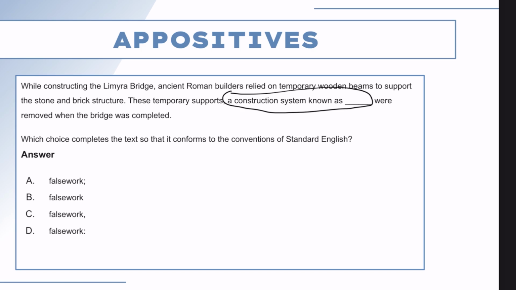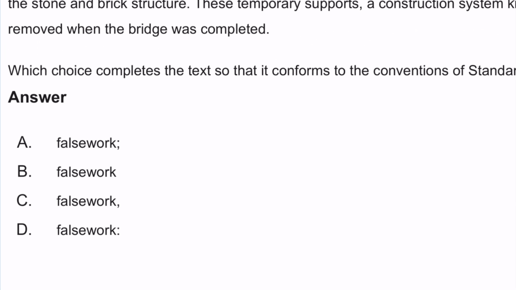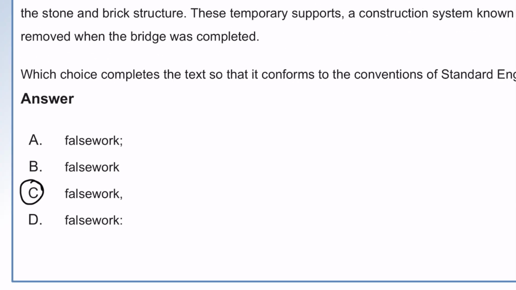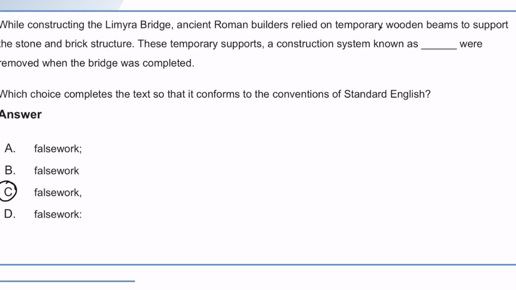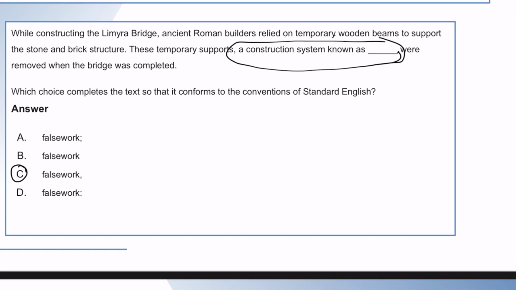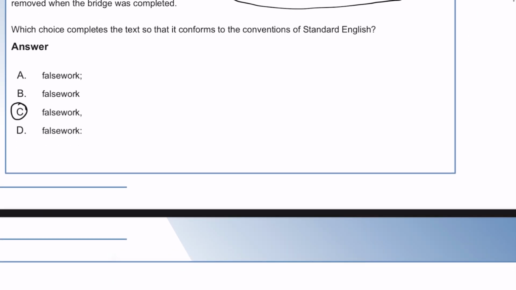As I'm reading that, I realize this part is just an add-on and it's not really an essential part of the sentence. That is why the answer choice is going to be C, because it has the comma, and if you put the comma right here, basically it means that this part can be taken out. And that is why the answer choice is C.